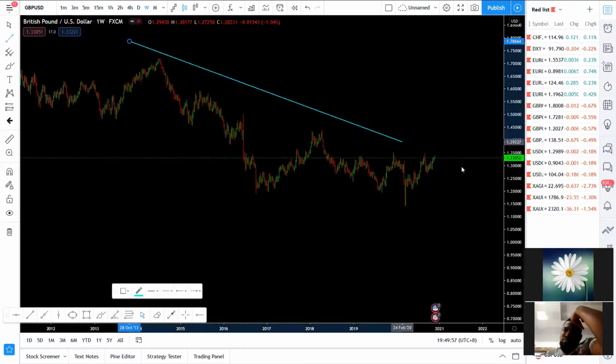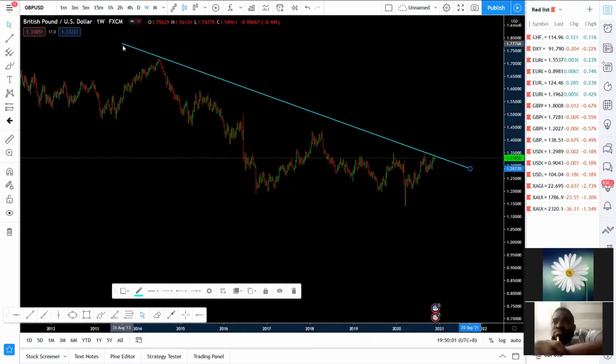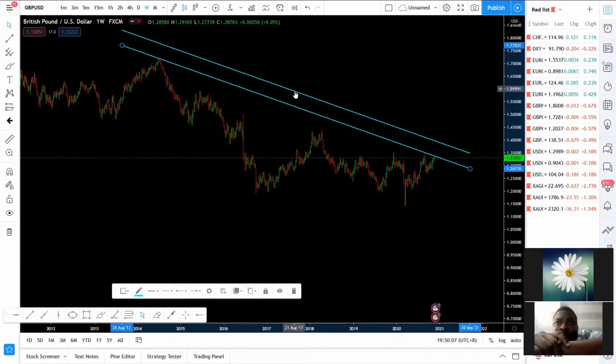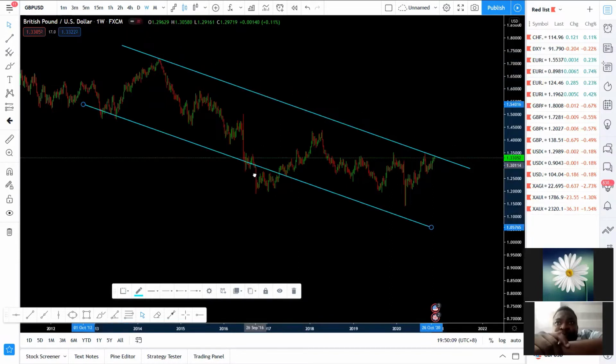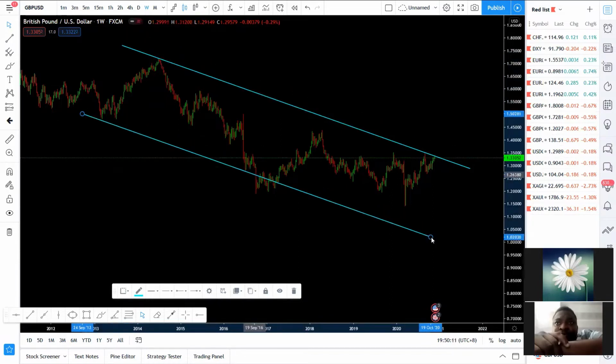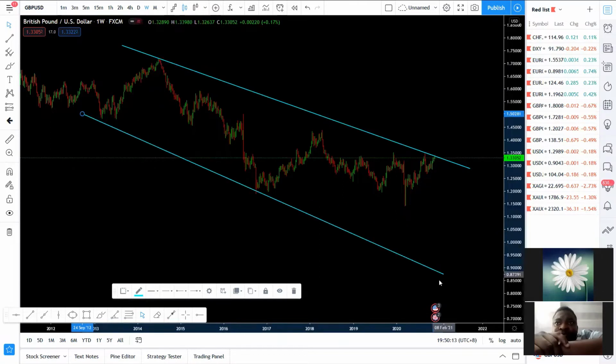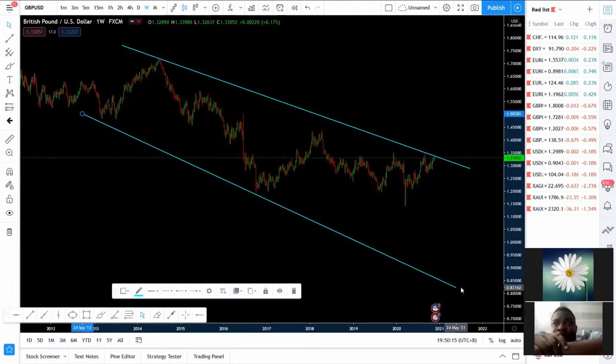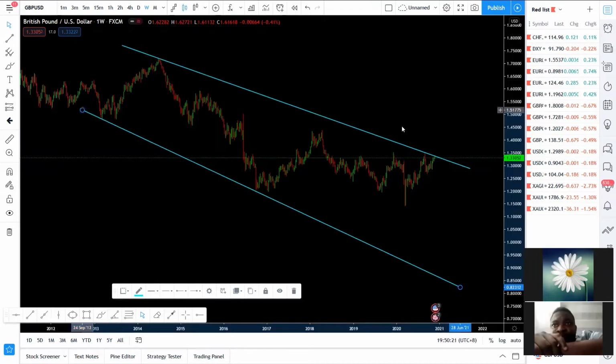Remember that the market gives you an indication of what it wants to do at any point in time. So you need to walk yourself through all the time frames to be able to understand what the market is doing. That is why we do the markups.